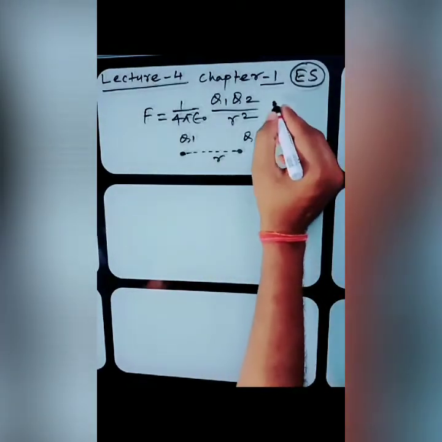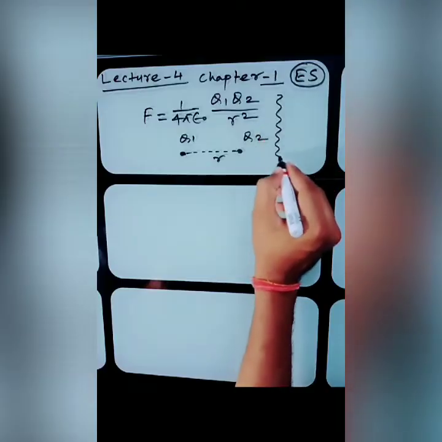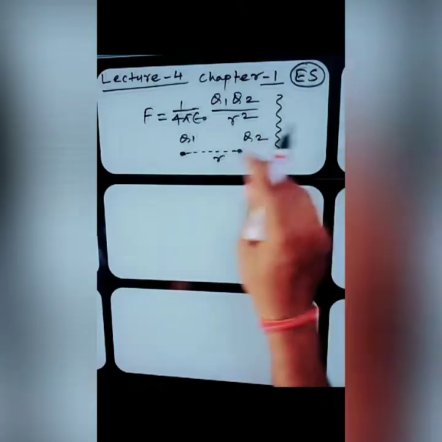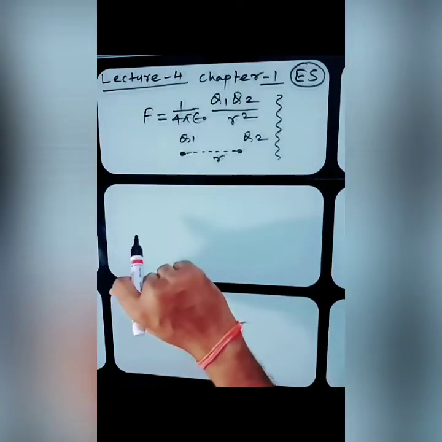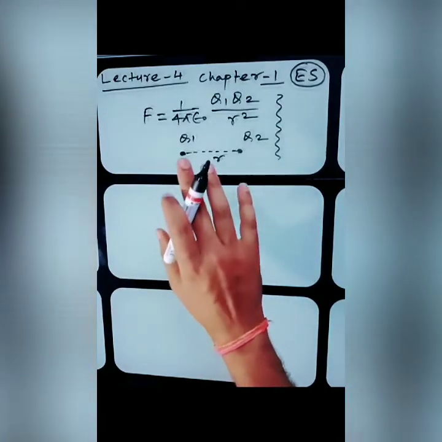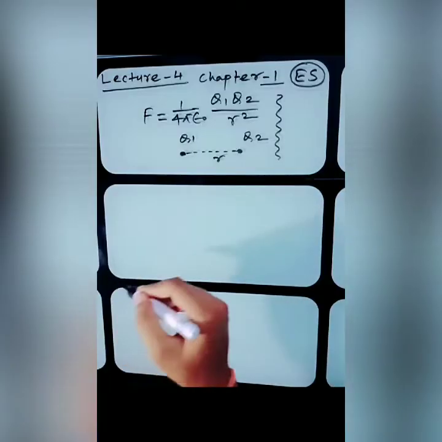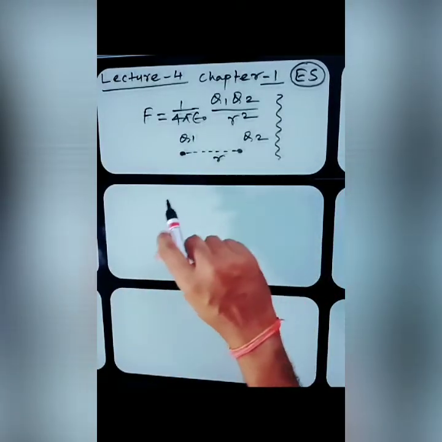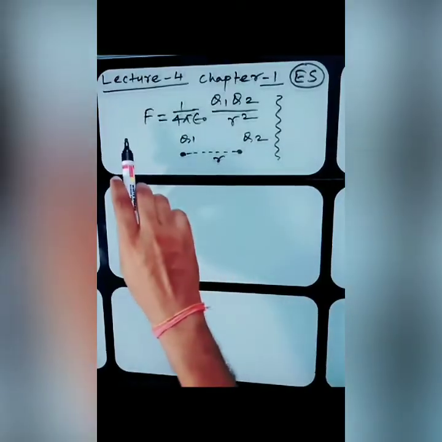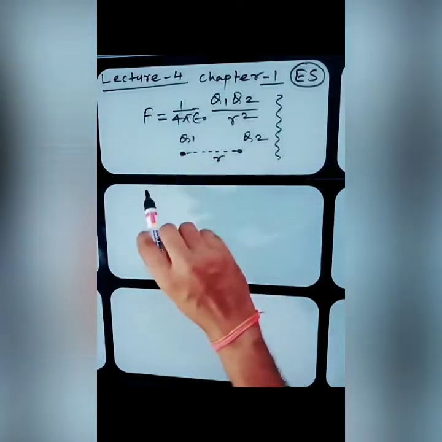Today we'll try to solve very simple questions on the basis of this law, and then we'll study its vector form. In the last lecture we discussed that this law is an inverse square law.